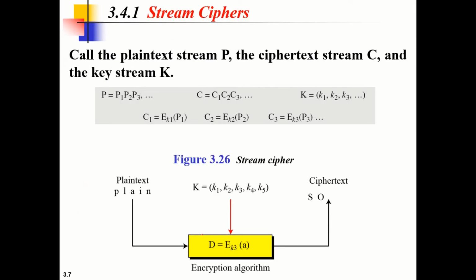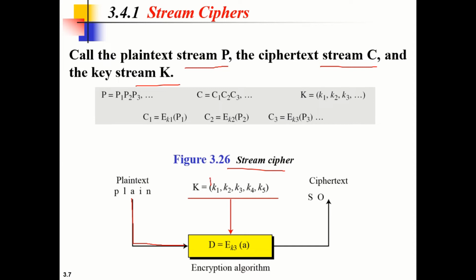This is just a representation of it. If we have a plain text stream P, a cipher text stream C and the key stream K, then while using a stream cipher, we deal with each character separately using this key stream.